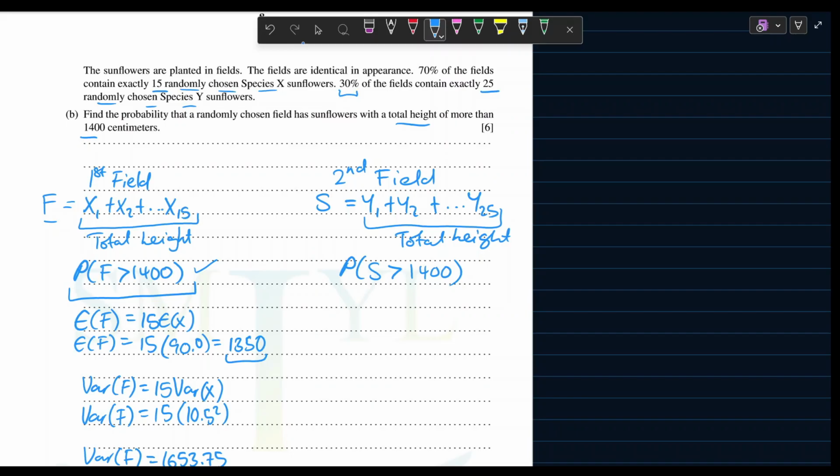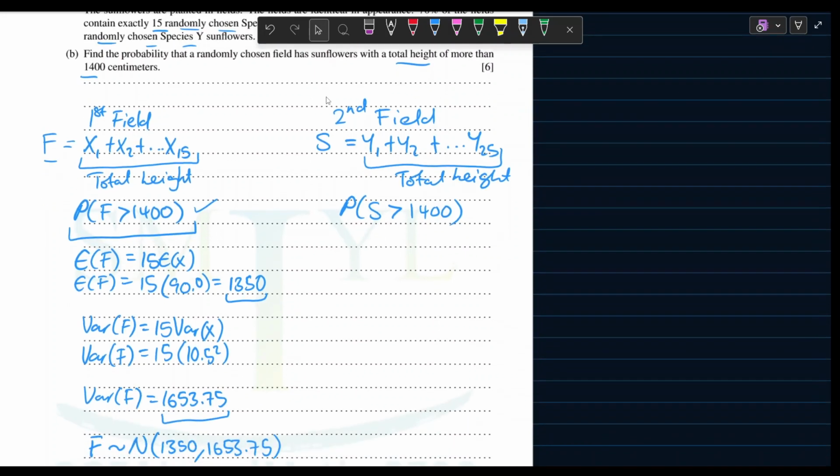I just want us to go through the same calculation for the second field as well, because we need to find the probability that the total height of the second type of field is greater than 1400.